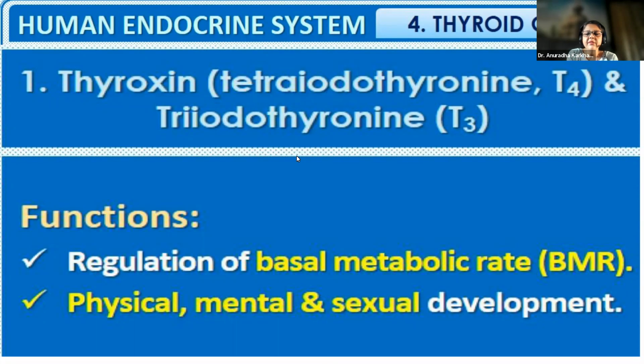Does sexual growth mean the hormones? Hormones as well. Predominantly, it is going to be associated with the secondary sexual characteristics in both males and females. Okay, got it? So the physical, mental and sexual development will be under the control of these thyroxines.